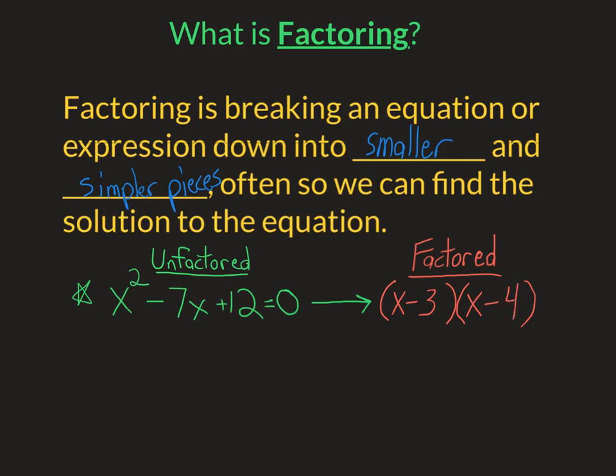And hopefully that looks familiar. This is the FOIL problem we just learned in this last unit. You just took a quiz on that today. Okay? So that becomes this unfactored larger trinomial answer when you FOIL them together.